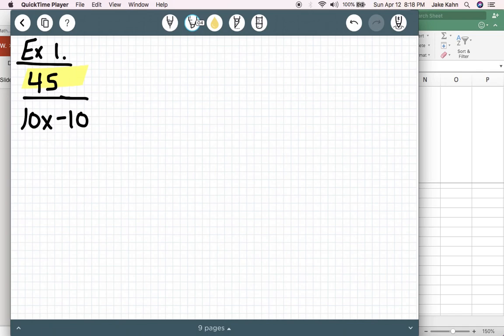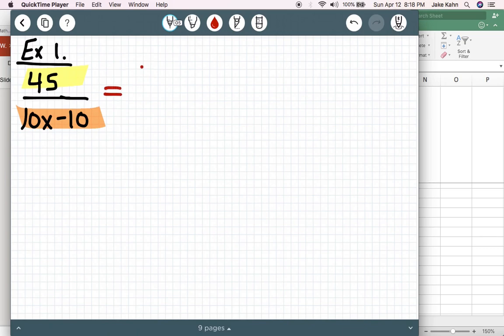The answer is no. It's just a number, right? 10x minus 10. Can I factor it? The answer is yes. It's not a quadratic, it's a linear binomial, but that has a GCF, right? There's 2 terms, and they can both be divided by a common factor. So you have to pull that outside of parentheses, and that's what we're going to do in this first step.